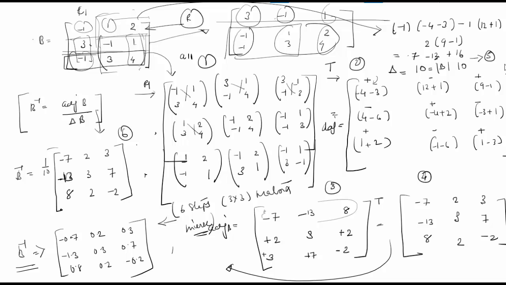Again, to find the inverse, you will have to check that the delta of that matrix, or the delta B, whichever you have found, should not be equal to 0, otherwise this will go to infinity and it's not possible, or the inverse of the matrix doesn't exist. So that's the first step. What I called the 5th step is usually the first step which you will have to do, and you will have to say that the delta is not equal to 0, otherwise the inverse of the matrix will not exist.